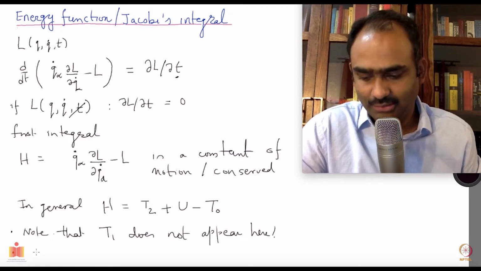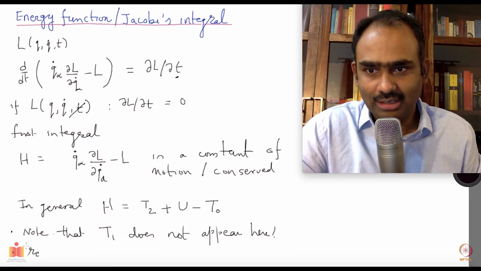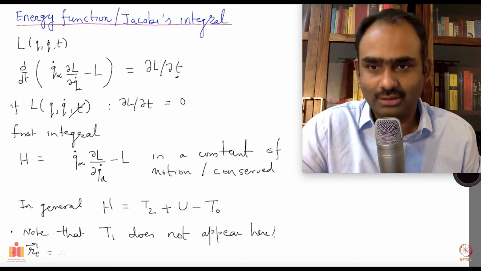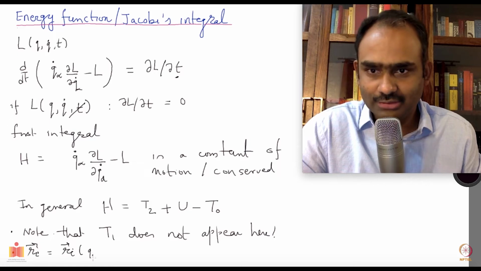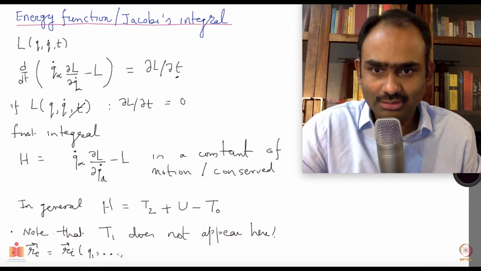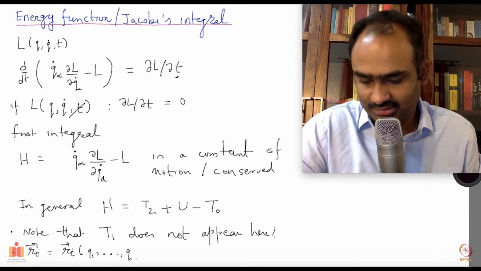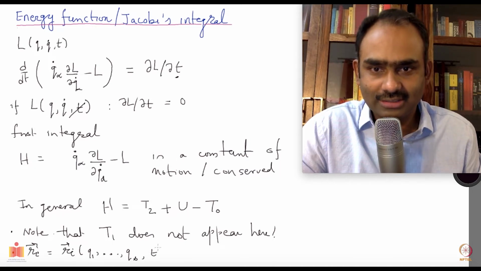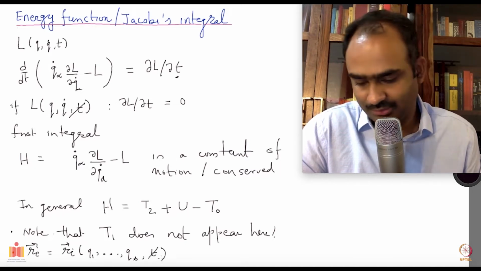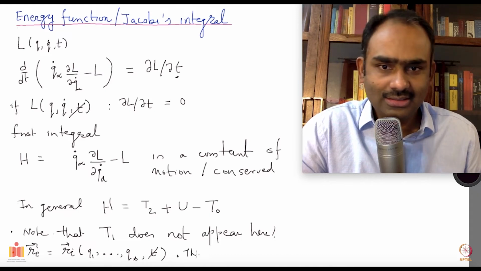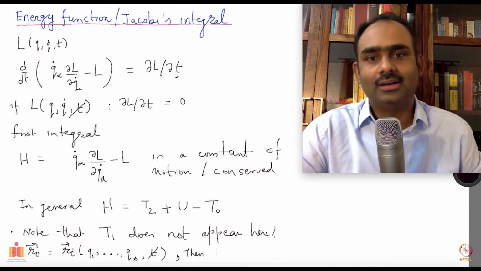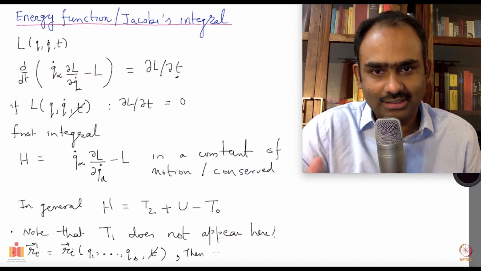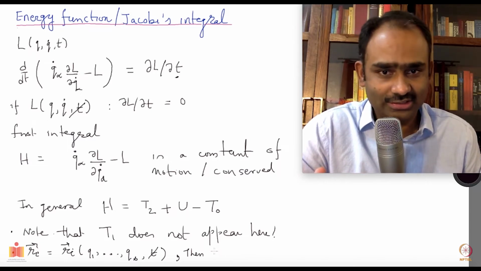Let me write it down. So if your R_i are your Cartesian coordinates, and this is your transformation rule which takes you from the Cartesian to the generalized coordinates, let's say there are s degrees of freedom, and if this does not explicitly depend on time, so I'm removing t, then all the terms which are linear or degree 0 in generalized velocities disappear.